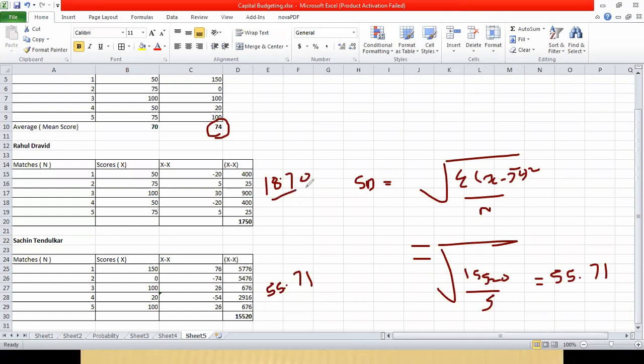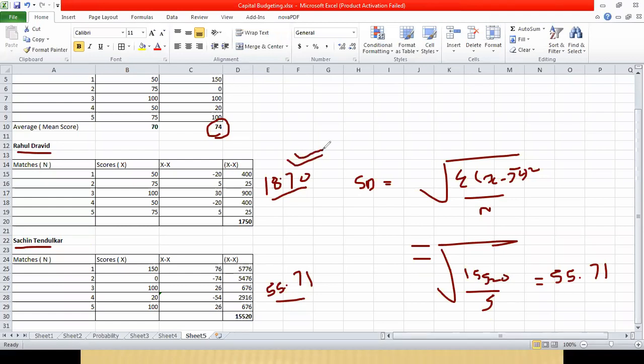So here this player's standard deviation is less and this player's is more. It means this player Rahul Dravid is more consistent compared to this player Sachin Tendulkar. So he will be preferred by the selector.